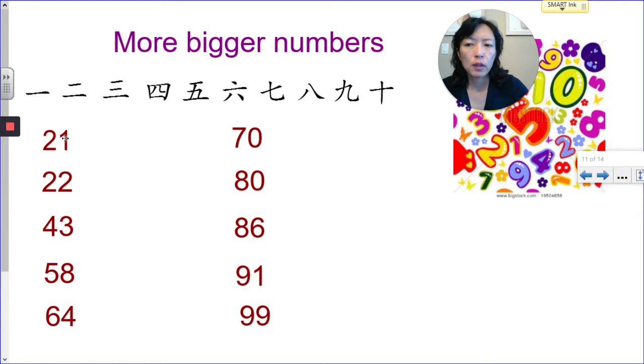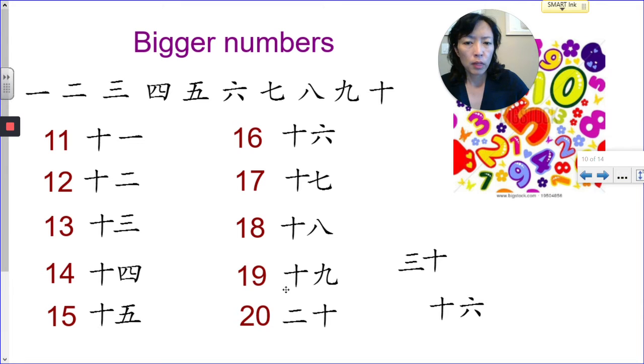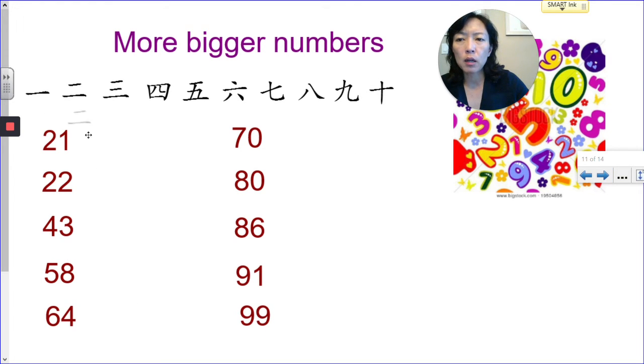21. For all these numbers, you need to make the number on tens first, which is 20 in this case. So how do we say 20 again? Let's go back. This is our 20, right? We need the exact same thing for the 20 part, but we need a 1.